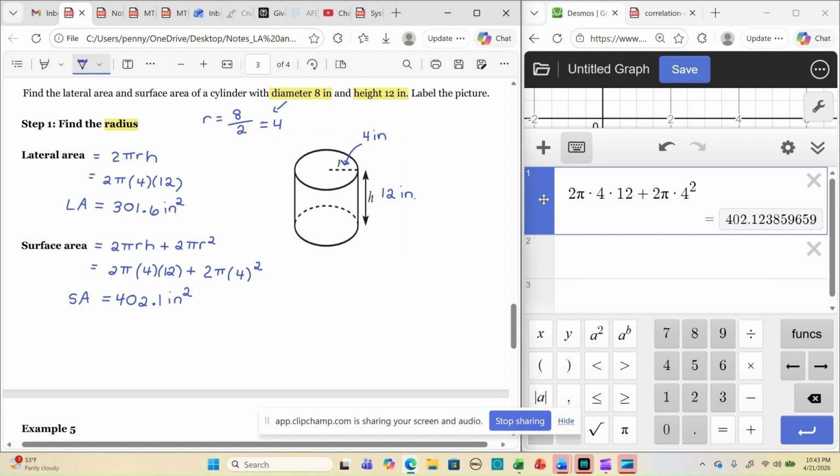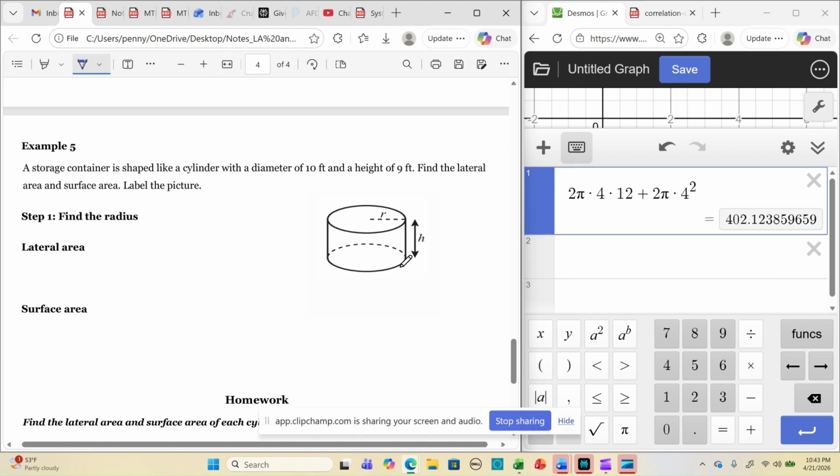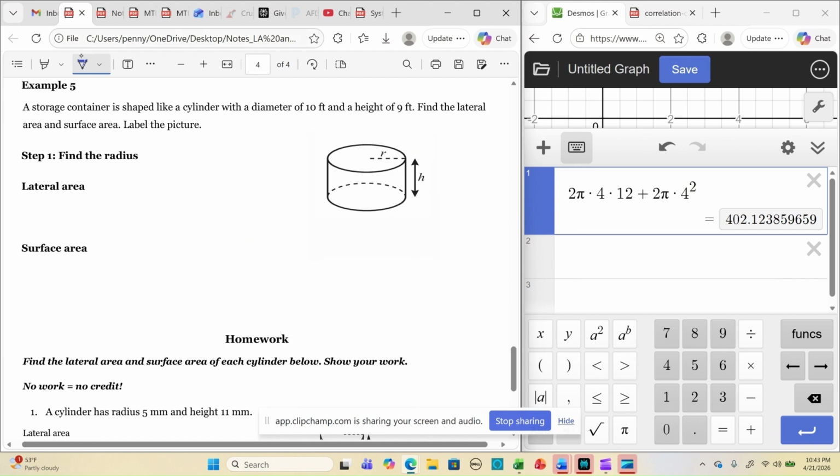Okay, last example coming up. We have a storage container shaped like a cylinder with a diameter of 10 feet and a height of 9 feet. So we need to find the radius, since we need radius for our formula, 2 pi RH. So if the diameter is 10, then the radius is half of that, and half of 10 is 5. So I have a radius of 5 feet, height of 9 feet.